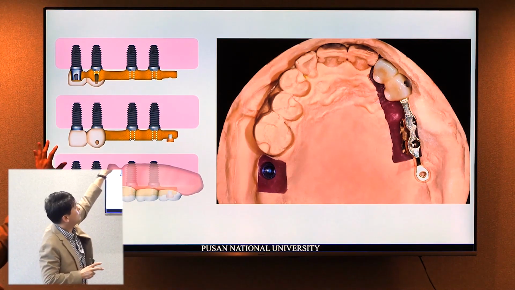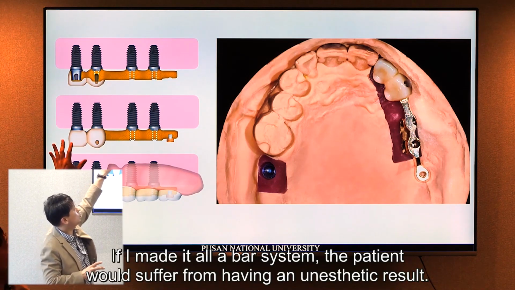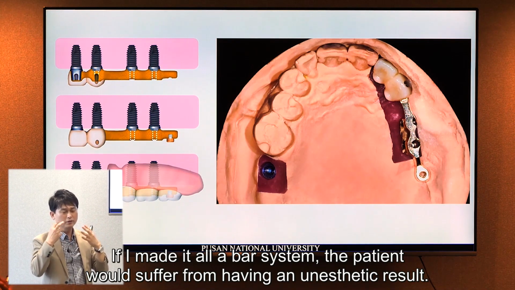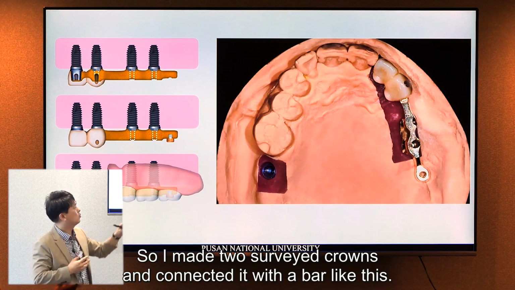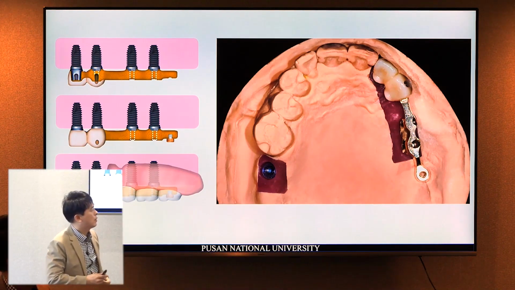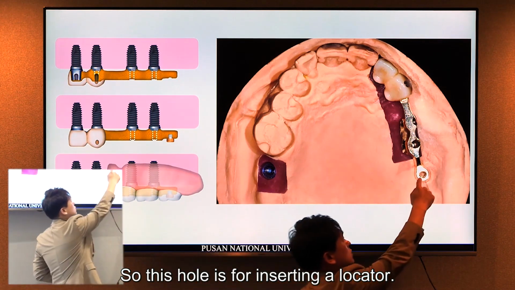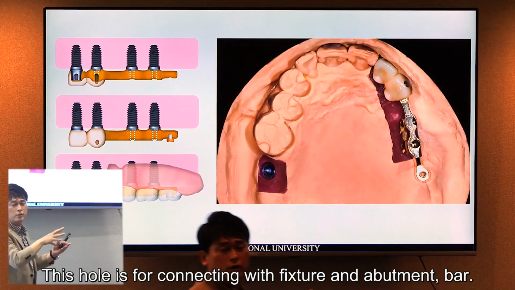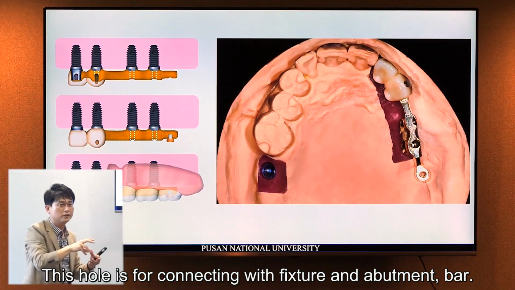But if I made a total bar system, the patient would suffer from an unaesthetic result, right? So I made two zirconia crowns and connected them with the bar like this. This hole is for inserting the locator. Yeah, this hole is for connecting the implant and abutment bar.